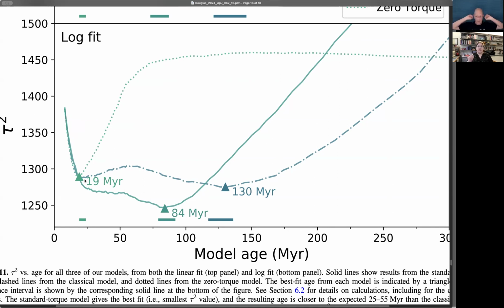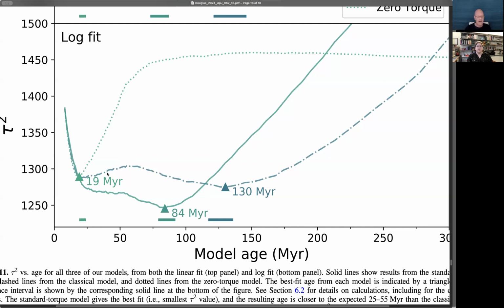Then after that, even though we haven't technically reached the zero age main sequence yet, the zero torque model diverges from the other two models that include a wind torque, which suggests that the wind is starting to have an effect on the rotation distribution even before we get to the zero age main sequence.